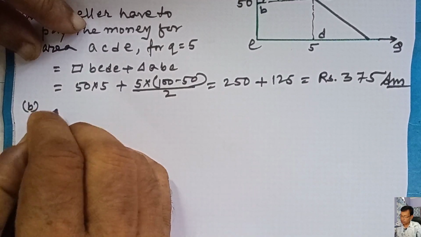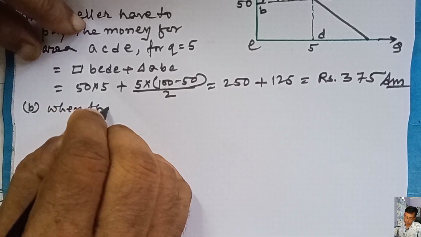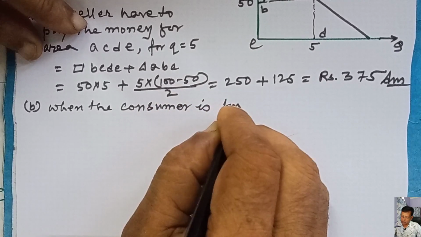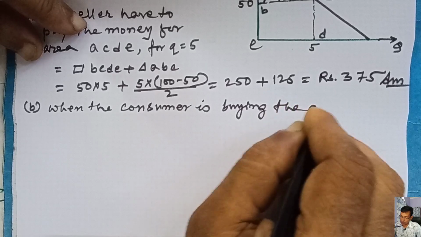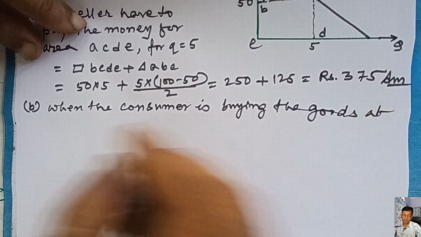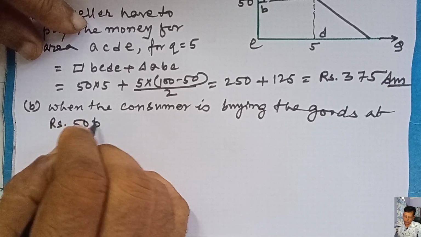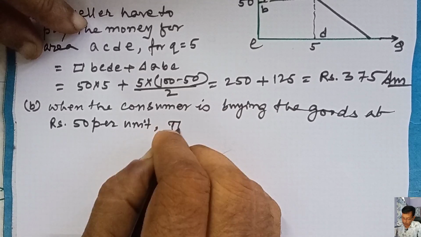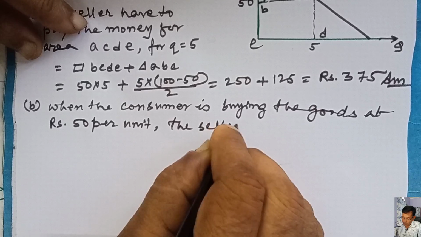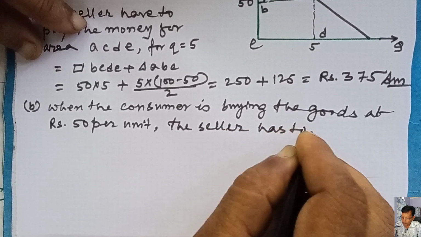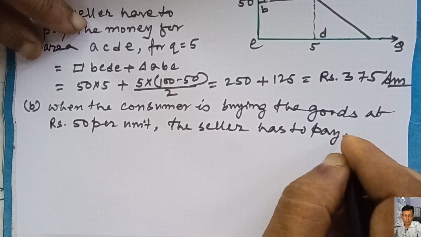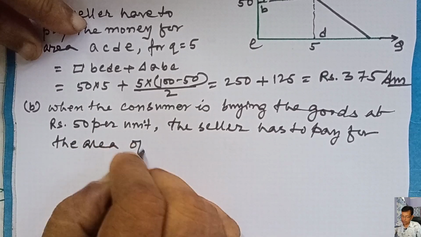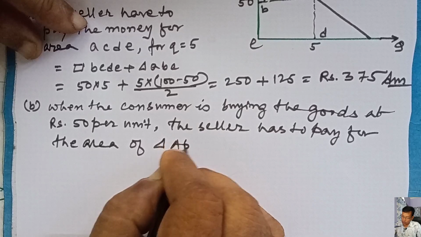When the consumer is buying the goods at rupees 50 per unit, the seller has to pay for the area of triangle ABC.